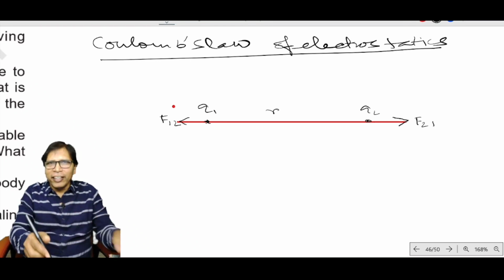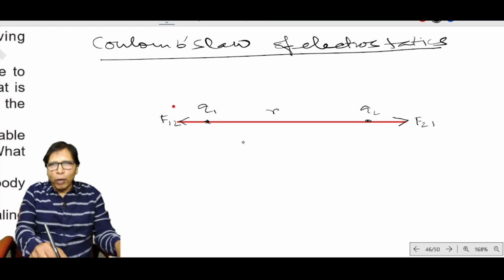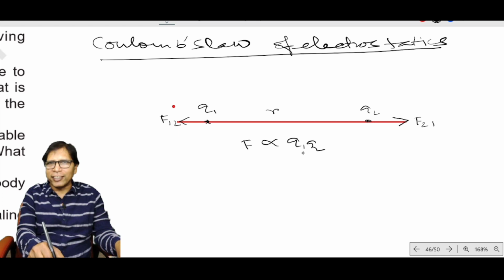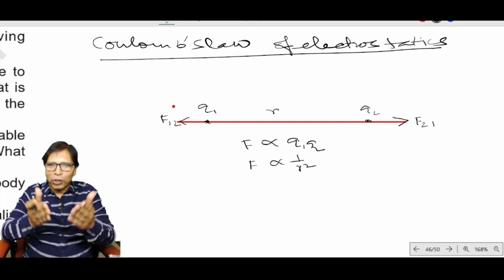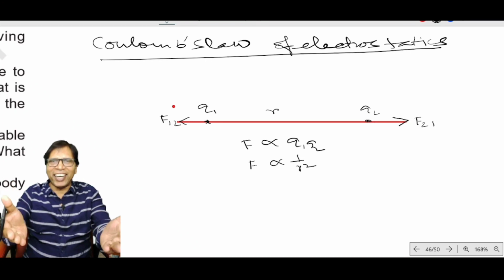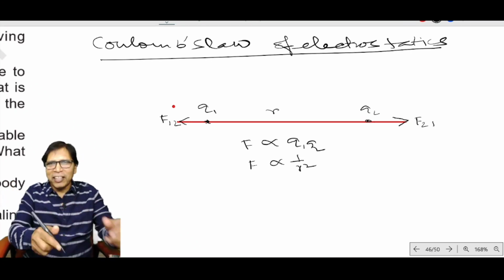Okay, understood? The magnitude of the force of interaction is directly proportional to the product of the magnitudes of the two charges and inversely proportional to the square of the distance of separation, and this force also depends on the medium.